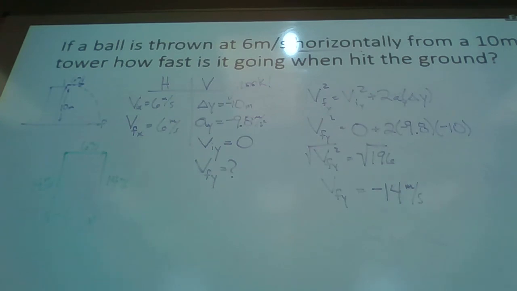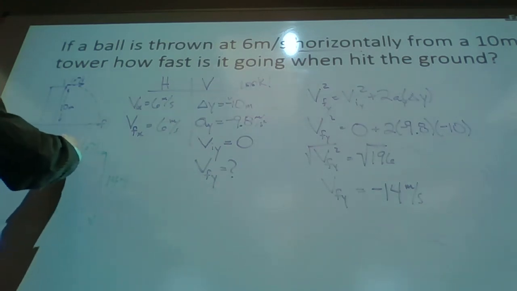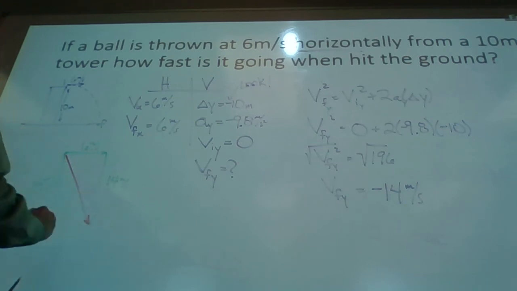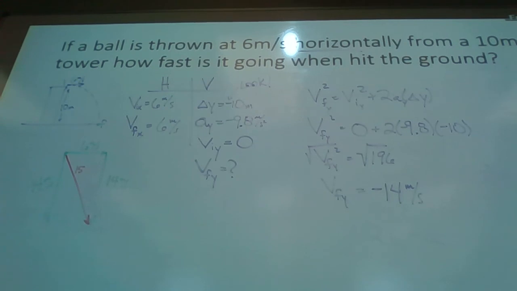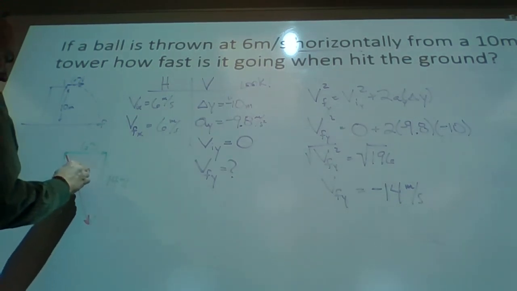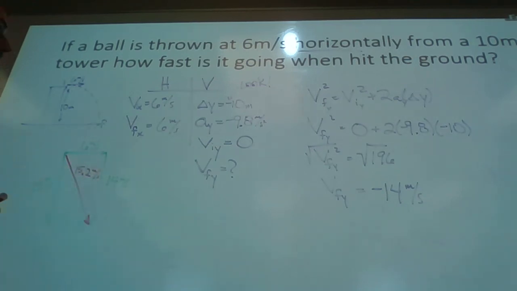So the resultant, using the Pythagorean theorem, is 15 something. 0.2. A squared plus B squared equals C squared. How do you do? Good with that?